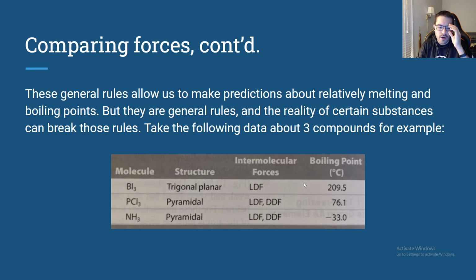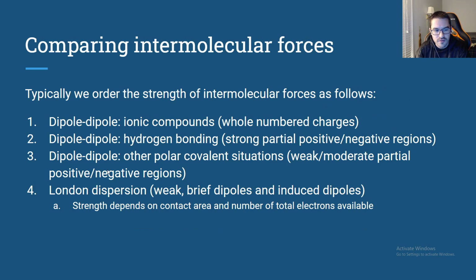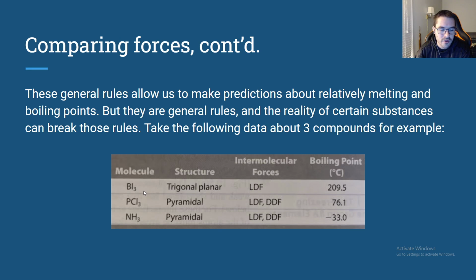So what's going on here? Well, this is just a really good example of how this list is a general rule, but it's not something that you can strictly adhere to, okay? Here's the reality. Boron, and particularly iodine, because actually boron isn't very big, but iodine is a huge atom, atomic number 53, and we have 3 of them, okay?